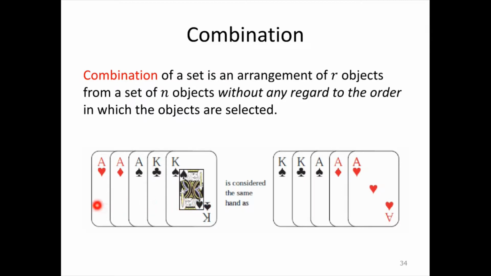So here in the left hand side, ace heart appears first, whereas in the right hand side ace heart appeared last, but it doesn't matter, they are the same hand.